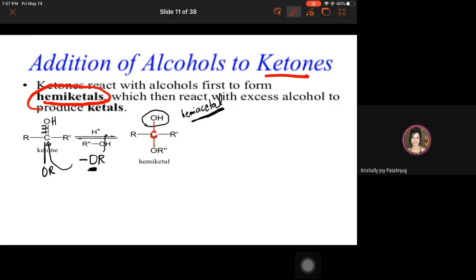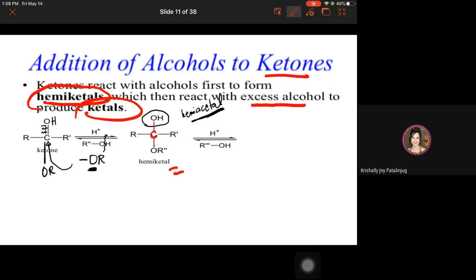Okay, proceed ta. Sa reaction, addition of alcohol sa ketone. So from hemiketal, it can be further reacted with excess alcohol. So the same lang gihapon sa aldehyde. Ang iyang hemiacetal pwede pa maadan og excess alcohol. So for hemiketal, addition of excess alcohol will produce, ang term naman is ketal.